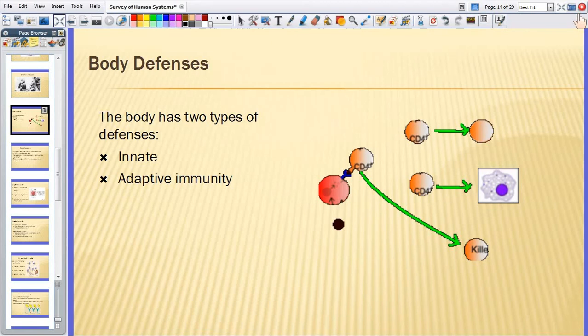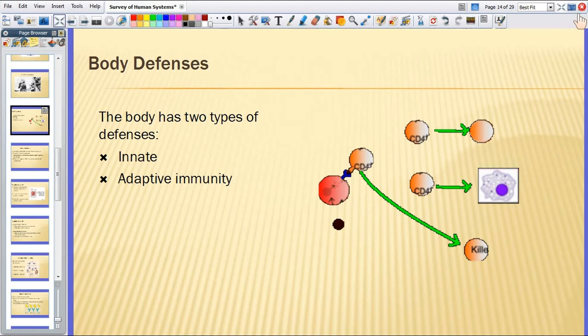Because of this, the organism already has defense molecules in place. They were created in the past by the ancestors' bodies when they saw the pathogen. Adaptive immunity responses are pathogen specific, meaning that the response is specific to each individual foreign body.